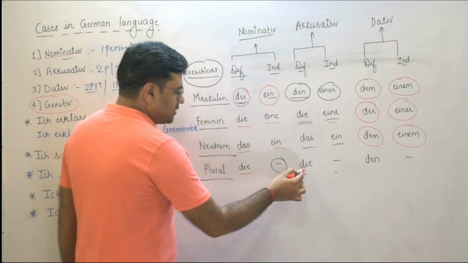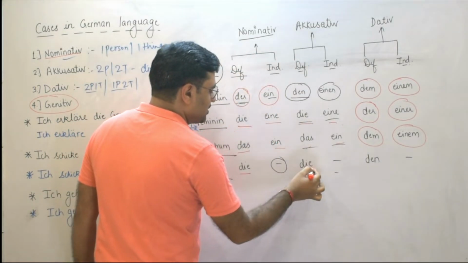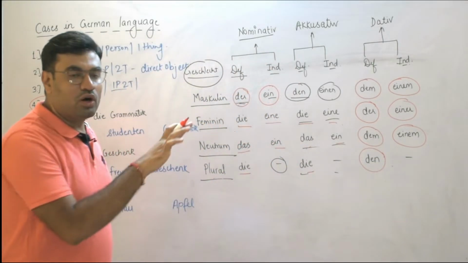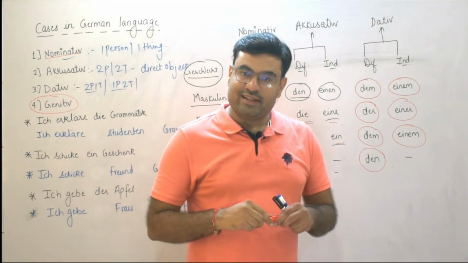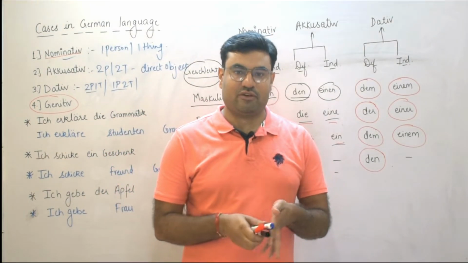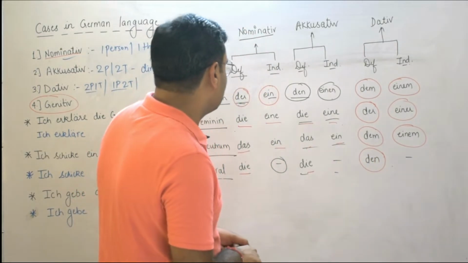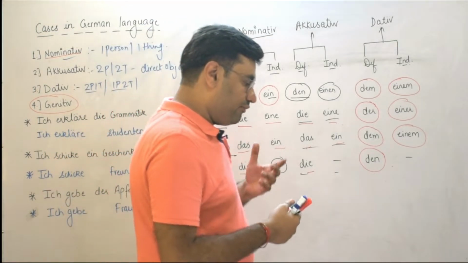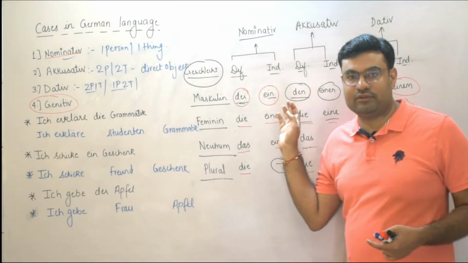And die remains die for plural in accusative, but for dative it becomes den. We do not have any other option but to learn these articles, because these are very important information of a sentence.